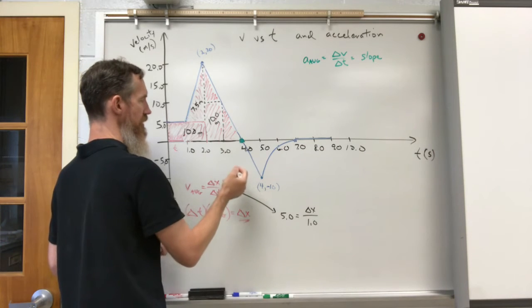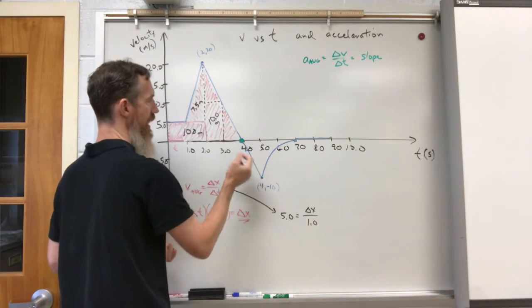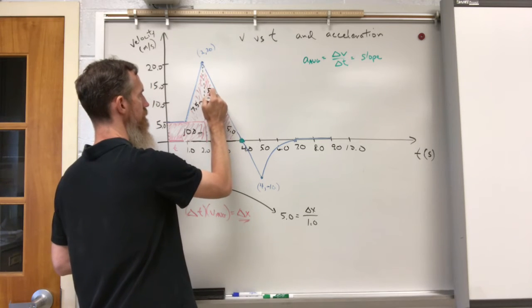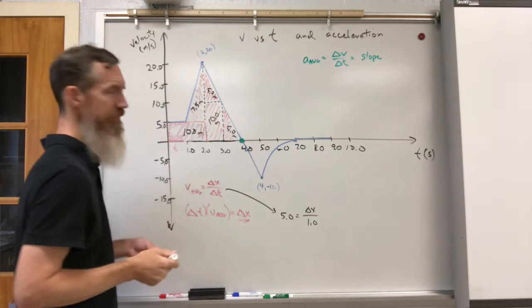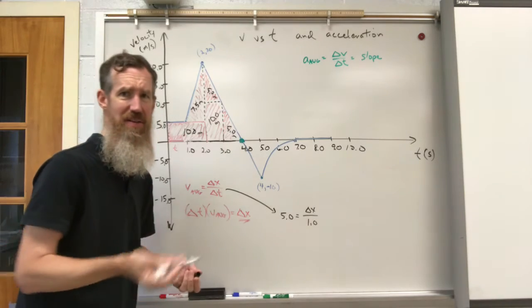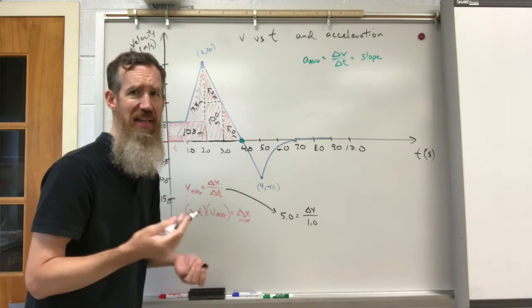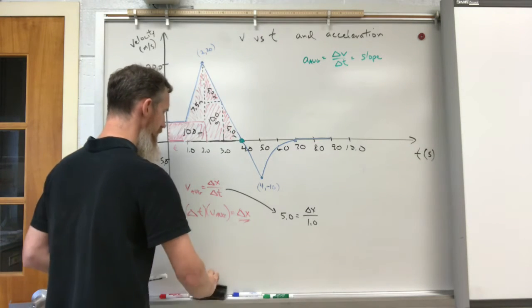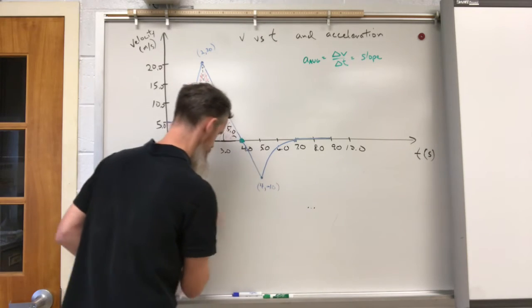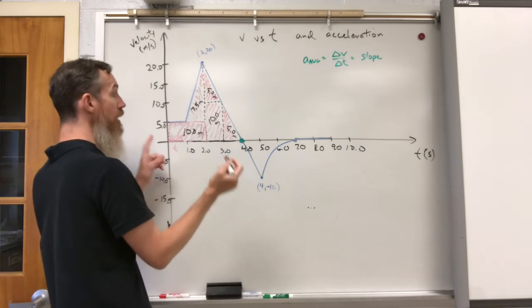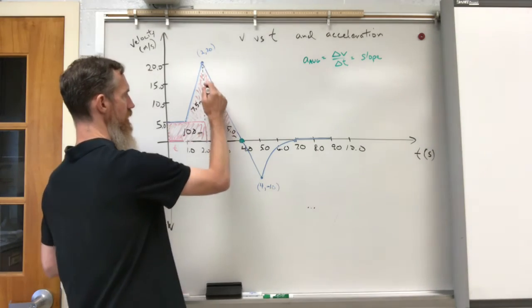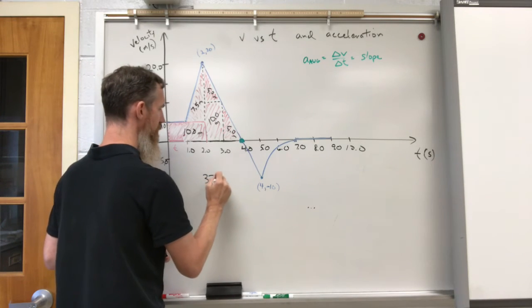So 1/2 base times height, so 10 times 1 times a half is 5, and 5. Now, a lot of the problems we're going to get are going to be simpler in terms of finding the area under the curve. But if I go and add all these areas up, total distance traveled from 0 to 4 seconds would be 10, 20, 37.5 meters.